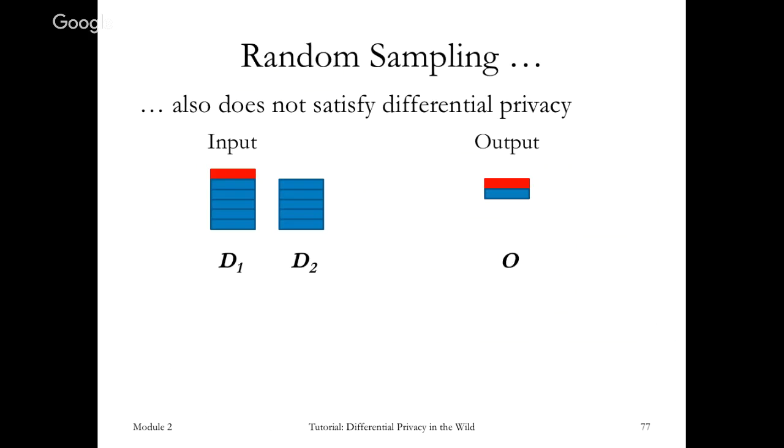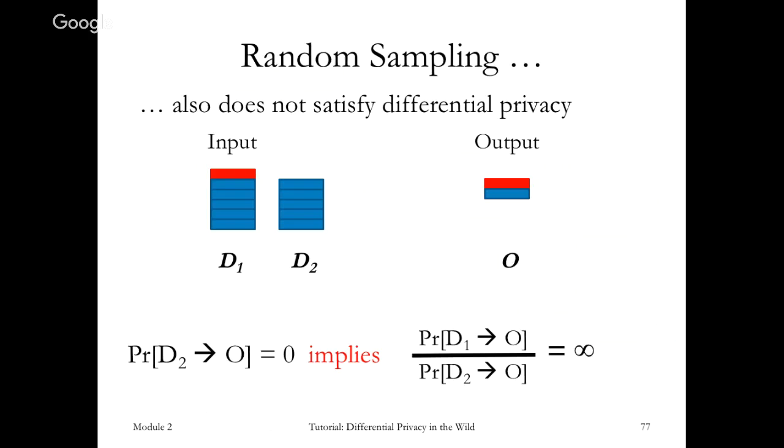Well, there's a neighboring data set where that red tuple is excluded. The probability of producing this particular output is 0 when the input is D2, and therefore this ratio is unbounded. So random sampling is also out.